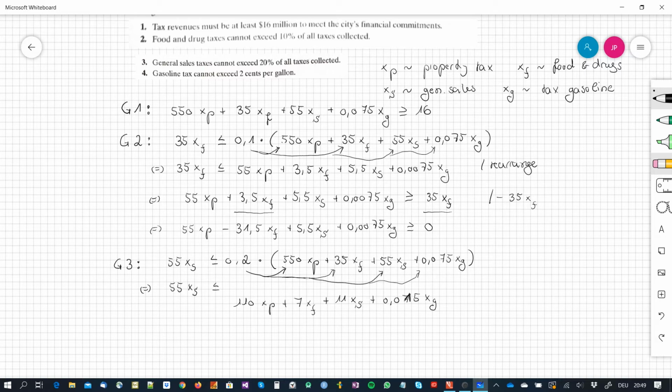And as before, you realize we have two terms for XS, of course, and we rearrange the terms.